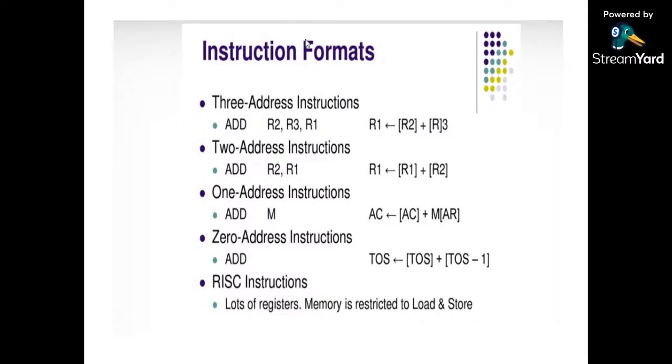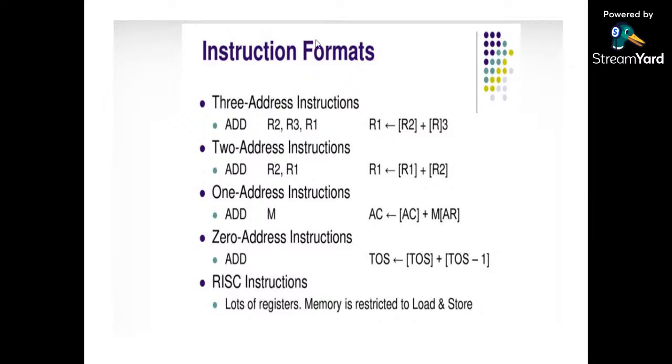Normally whenever we write an instruction, it is read as source and destination. The variable specified first is normally the source, and the variable specified last is both the source and the destination.